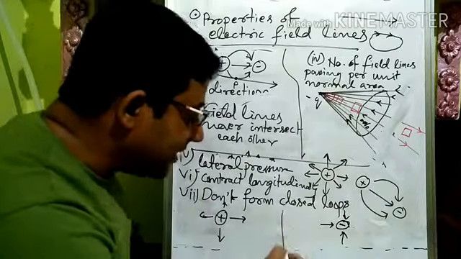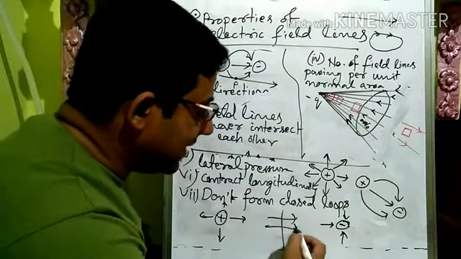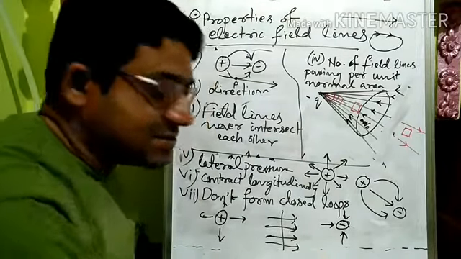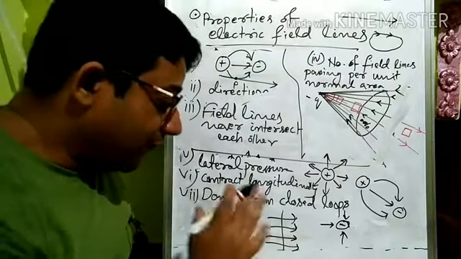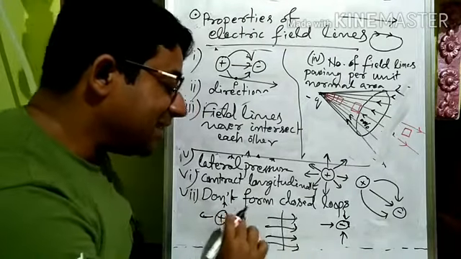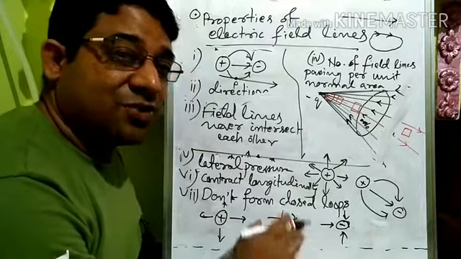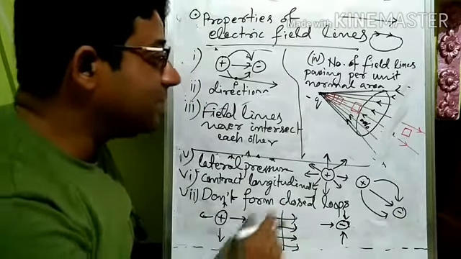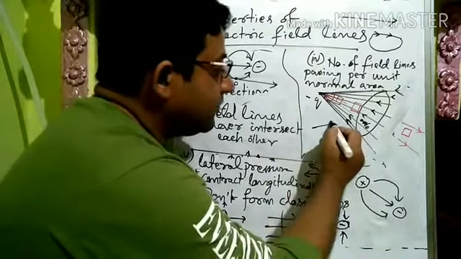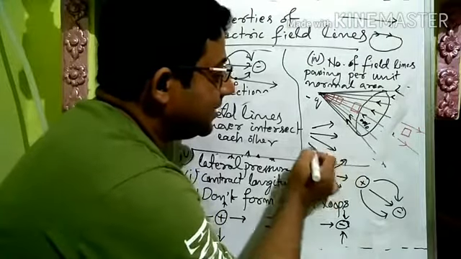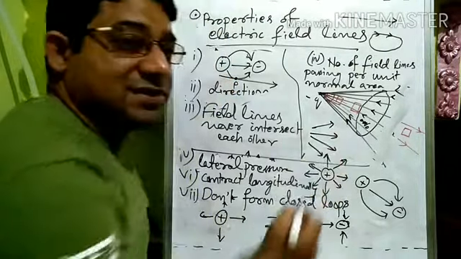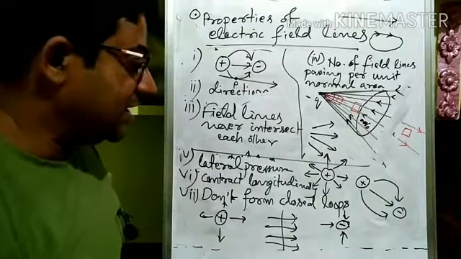But in between, wherever we take, the electric field lines will be parallel to each other. You got it or not? Whenever electric field lines are parallel to each other, we call that a uniform electric field. And when in between also field lines have different directions from each other, it's called a non-uniform field.